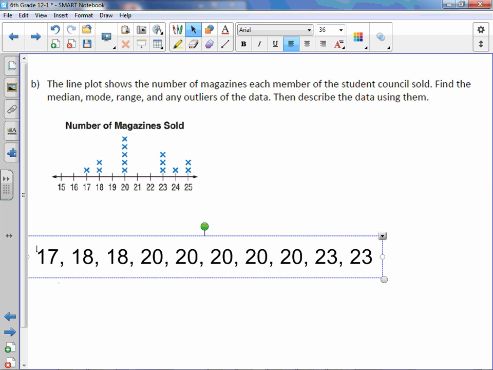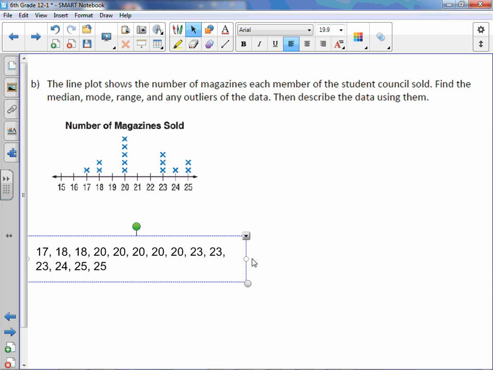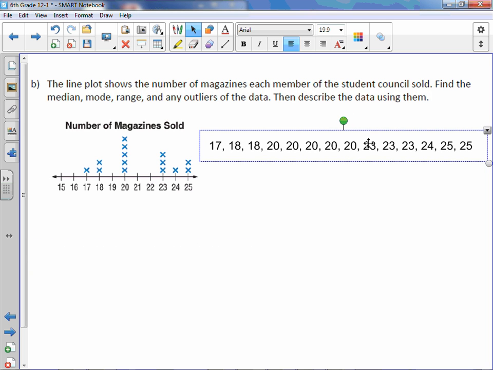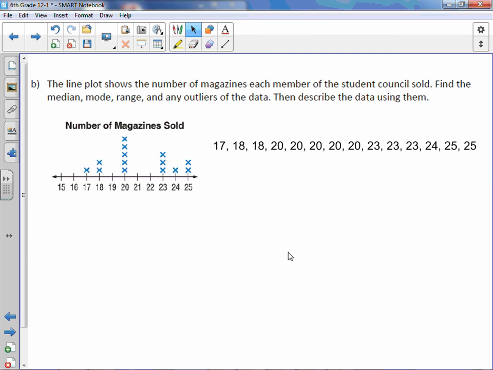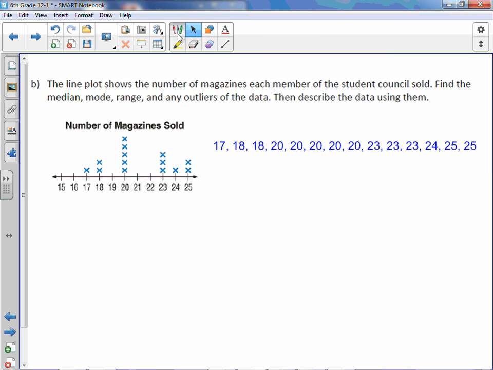3 23s, 24, and 2 25s. Okay, let's find our minimum, maximum, median, and our first and third quartiles.